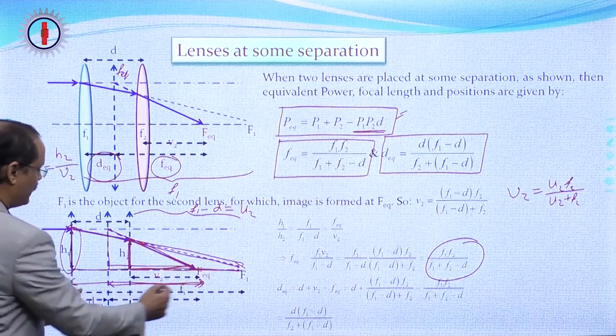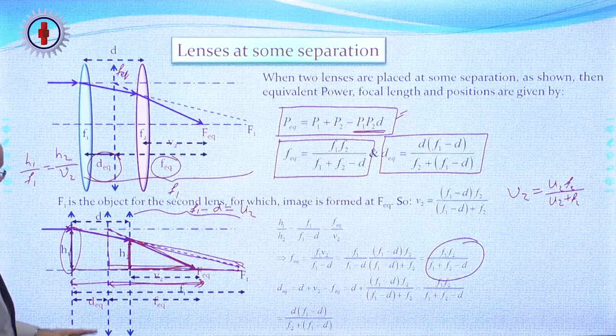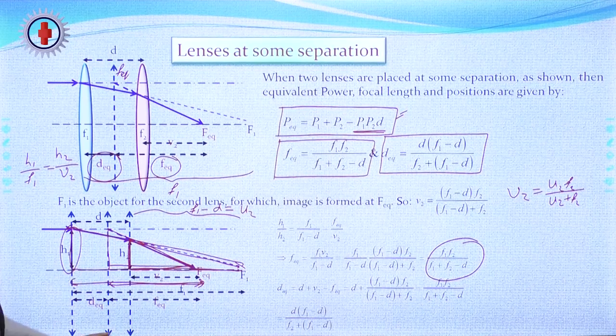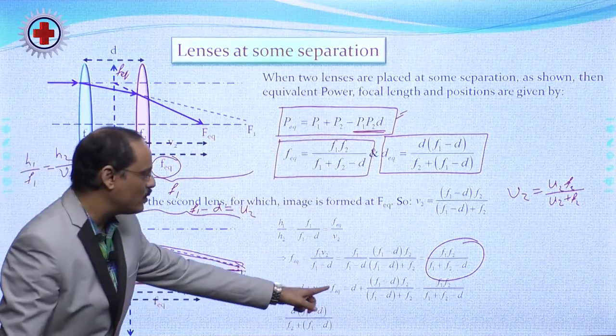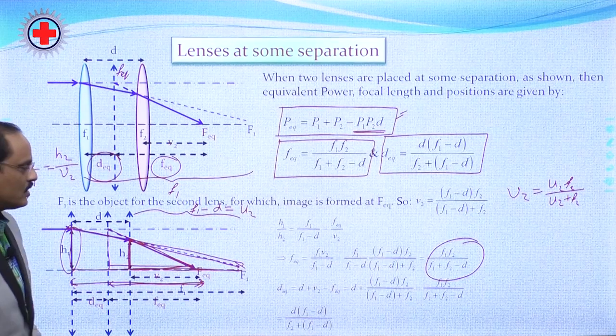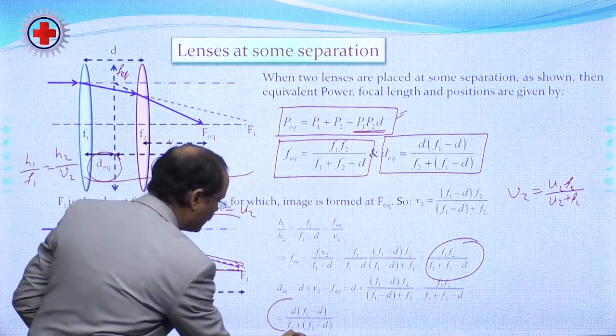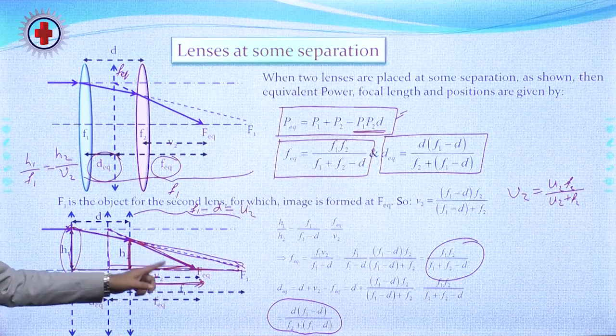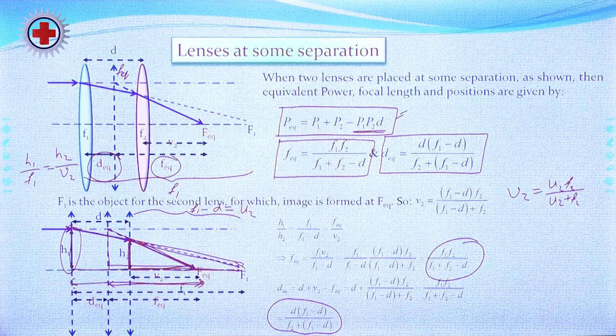So, d plus v2 minus f equivalent gives us the d equivalent, the position of the equivalent lens, that is the distance from the first lens. If we put the values of v2 and f equivalent, we get d equivalent equal to d into f1 minus d by f2 plus f1 minus d.